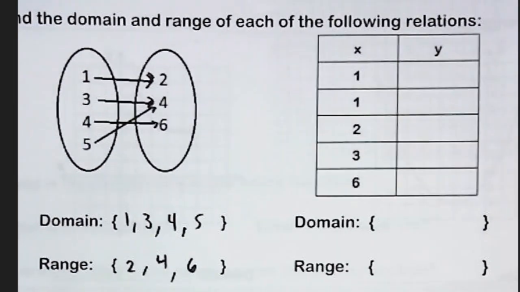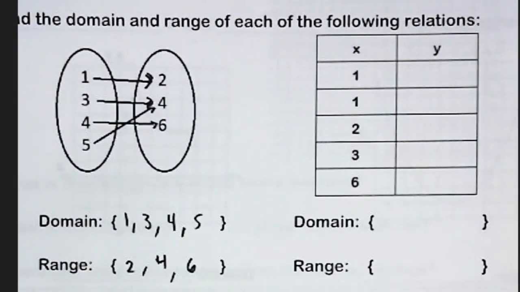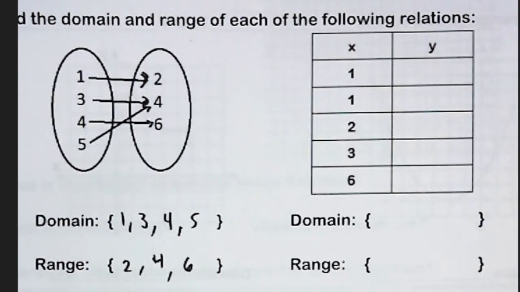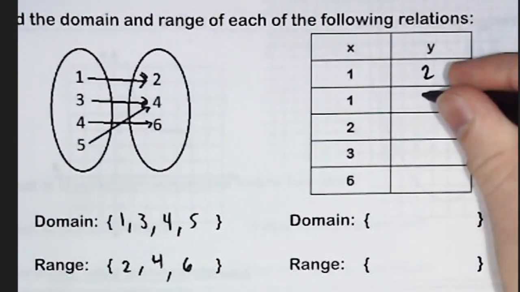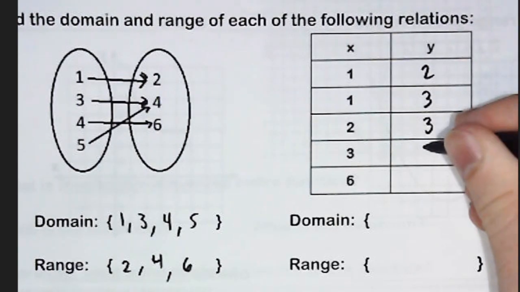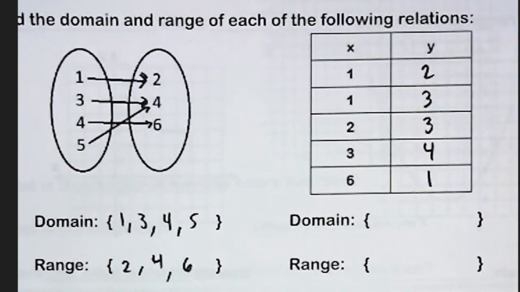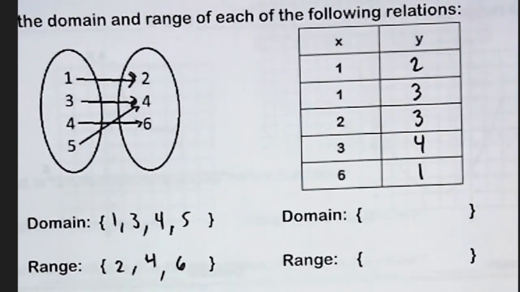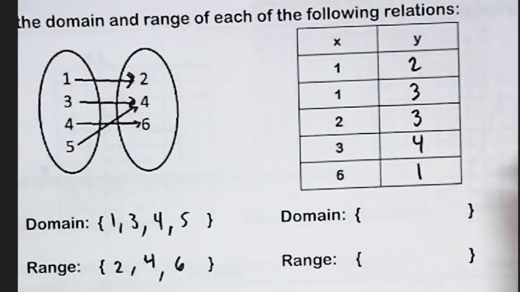Okay, so for this table, in class we went around the room and gave random numbers from 1 to 5. So I'm just going to come up with some right now. Okay. So for the domain, again, we want to make it so that the values do not repeat. And I prefer to write them in least to greatest.